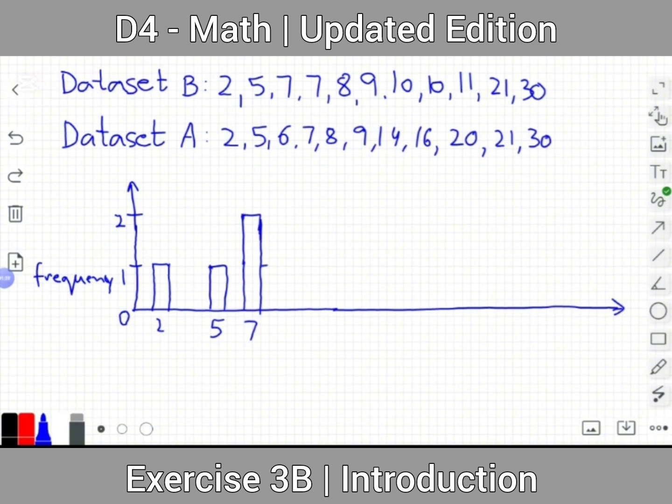Here we have 8, then 9, then 10 occurs 2 times. So here we have the bar of height 2 for 10. Then we have 11. Then 21. And in the last, we have 30.